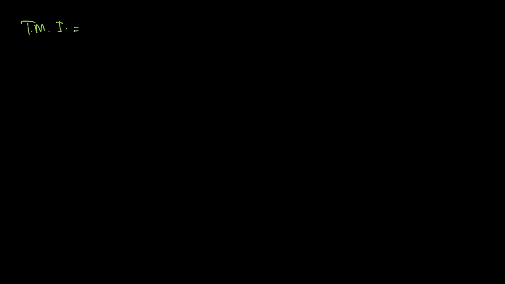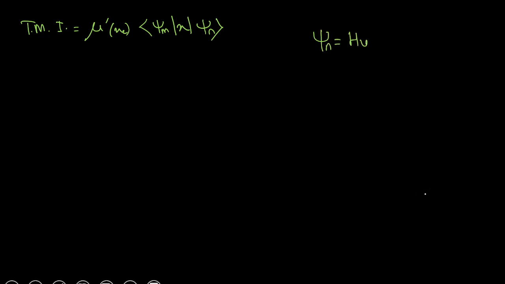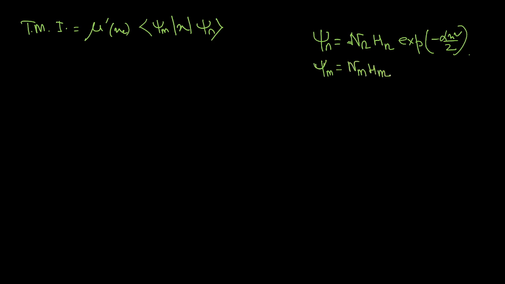Now you can take the mu dash term also out. The expression of psi n is nothing but N H n exponential of minus alpha x square by 2, and similarly for psi m.